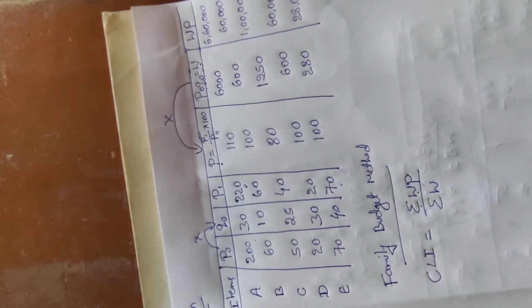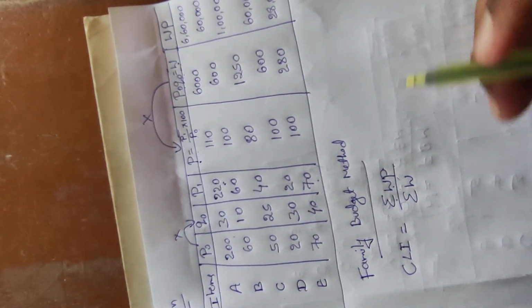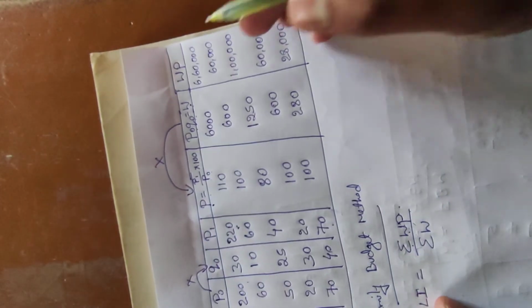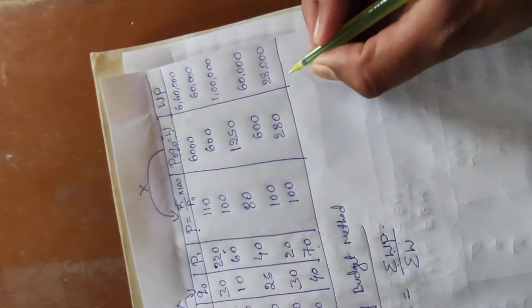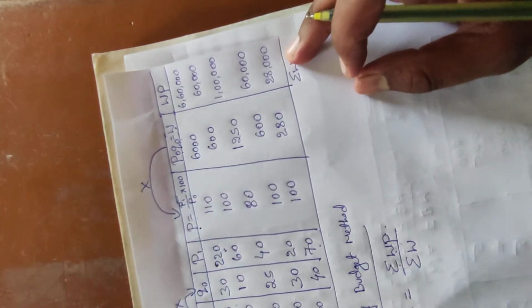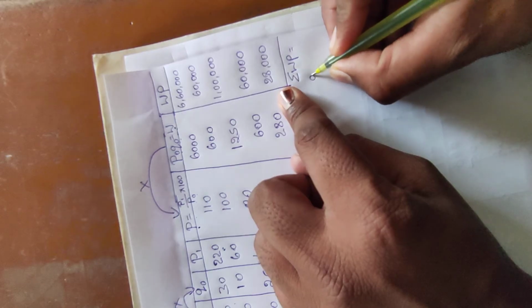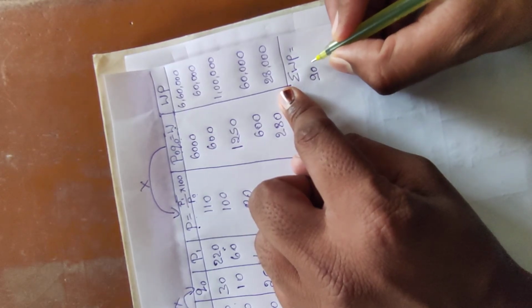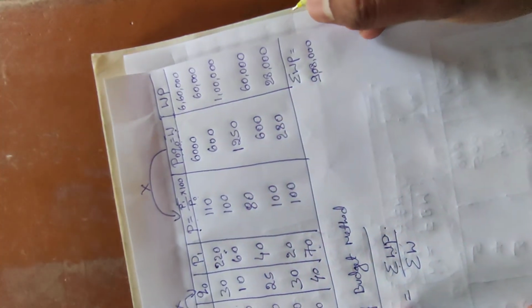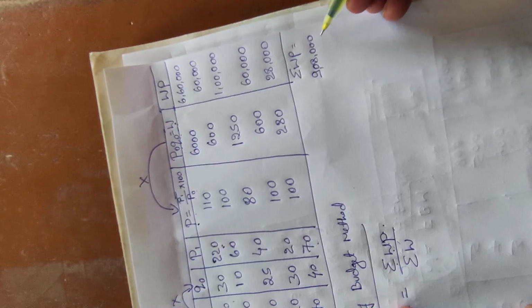Next, we have to make a total. The summation of WP, the total of these values, is 9,08,000.